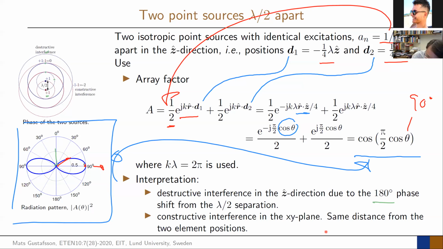When you go in this direction, there is always constructive interference. So you get a strong pattern when you go out in the broadside direction. They add up in that way, and they cancel each other in the upside direction, the Z direction. So that is both the interpretation and the calculation of this array factor from these 2 point sources.